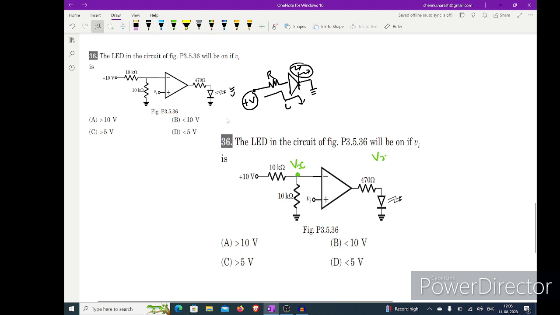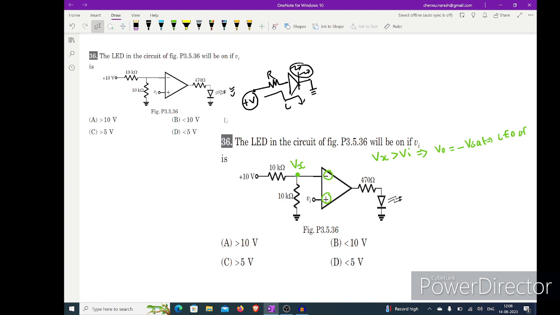When Vx is greater than Vi, output will be what? This is inverting, this is non-inverting. Vx is greater than Vi, what will happen? Output will be minus Vsat. When it is minus Vsat, the LED will not glow. So in that case the LED is off.